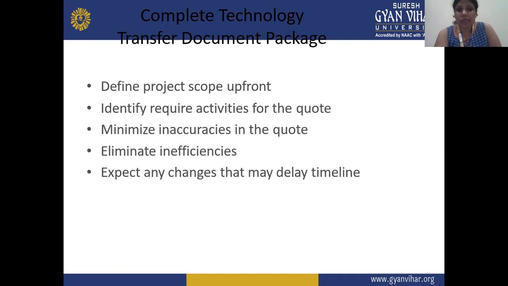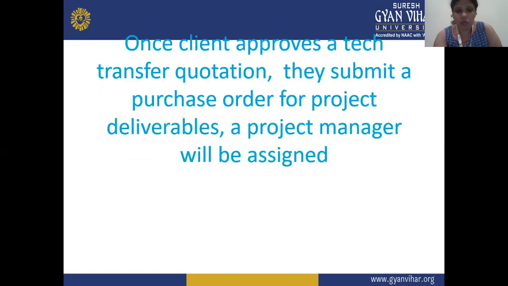It minimizes inaccuracies in the quote. It eliminates insufficiencies and expects any changes that may delay the timeline. So all these things are in the complete technology transfer package required.